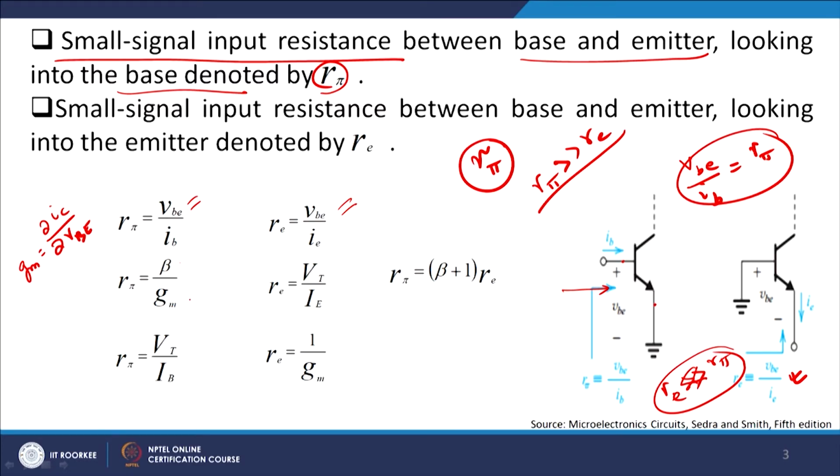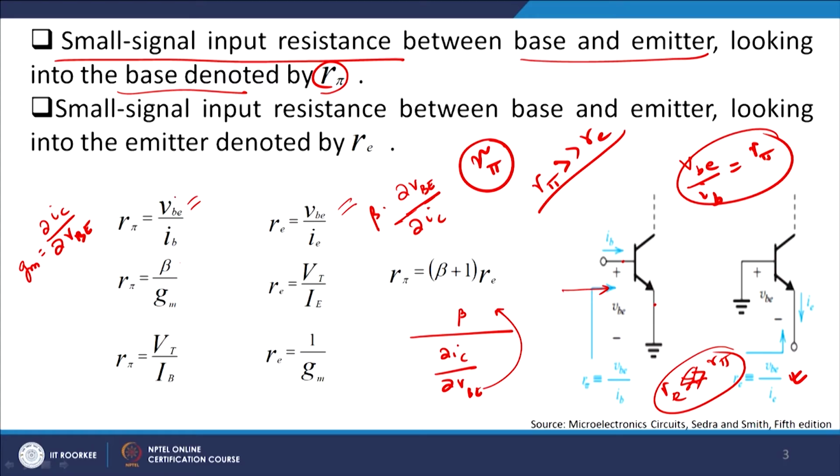If you put del IC by del VBE here, I get beta divided by del IC by del VBE. So this VBE goes to the numerator, I get del VBE at the top, divided by del IC, multiplied by beta.